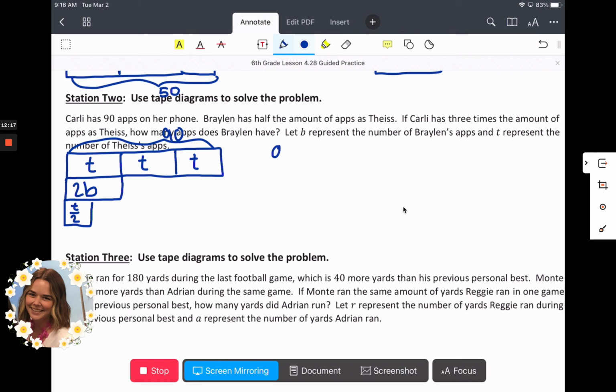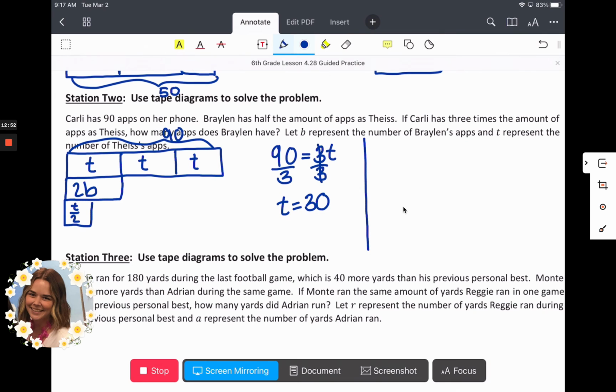We know that 90 equals 3t. Since we're multiplying, I'm going to divide to isolate my variable, and I'm left with t equals 30. So Theus has 30 apps on his phone. Now we can either divide or we can multiply. I'll show you both ways that we could solve this.